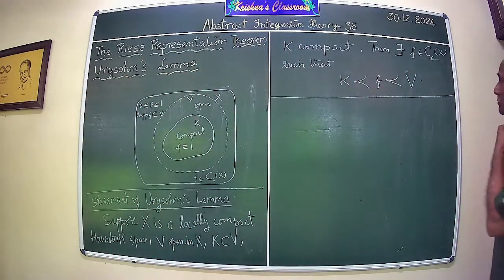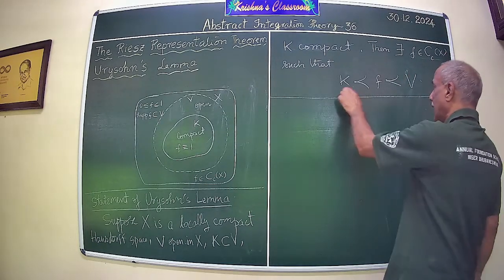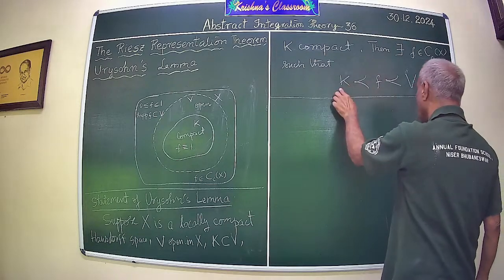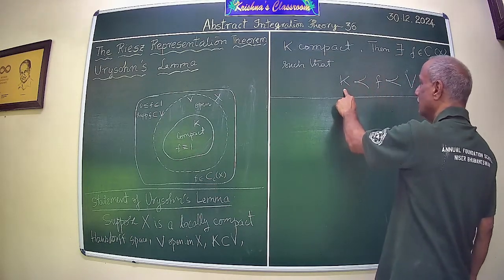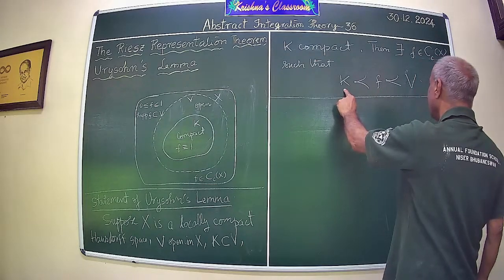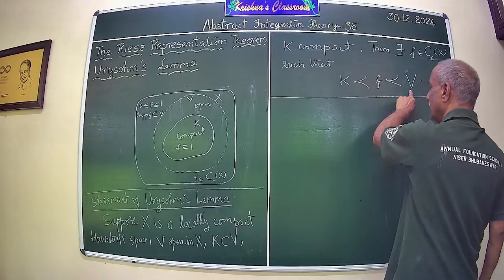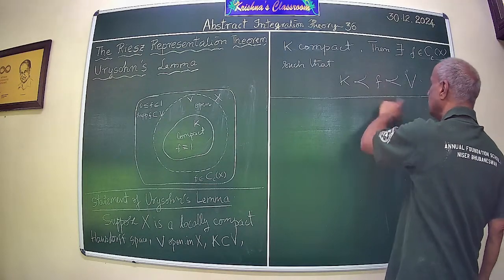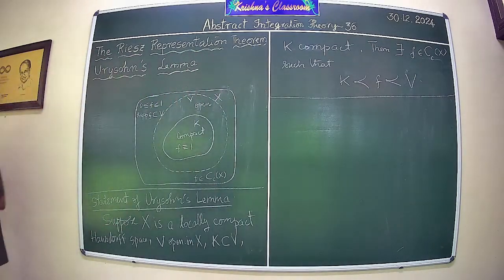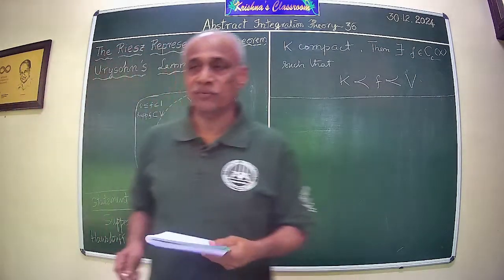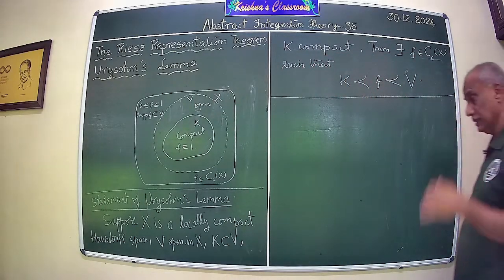Now this means F is a C_c(X) function, K is contained in V, K is compact, V is open, F is equal to 1 on K, the support of F is contained in V, and F takes values between 0 and 1. It's a non-negative function which is bounded by 1. Okay. So such a function exists.